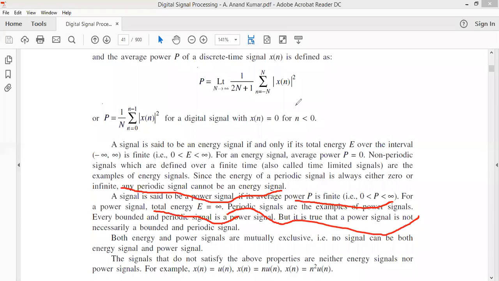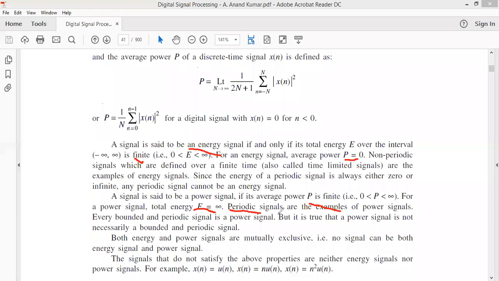You have to remember only this: an energy signal will have finite energy and zero power, whereas power signals will have finite power and infinite energy. Periodic signals are usually power signals, and non-periodic signals are energy signals.